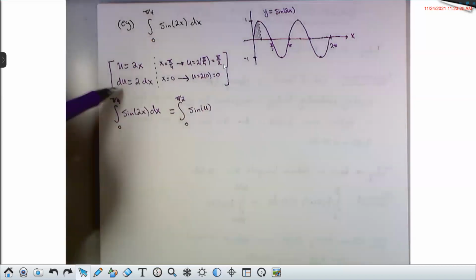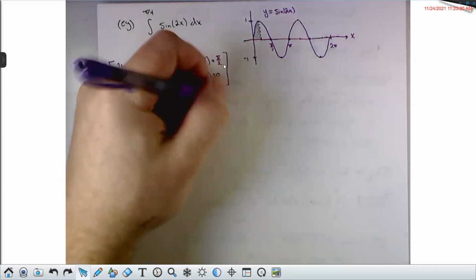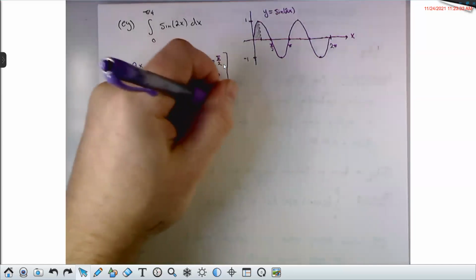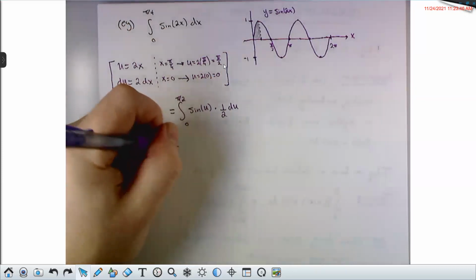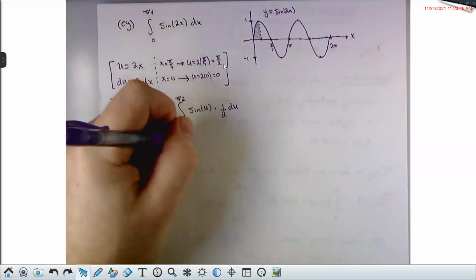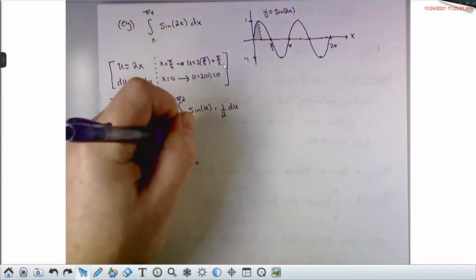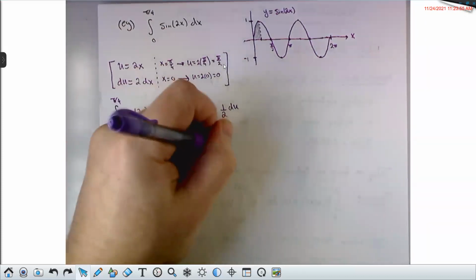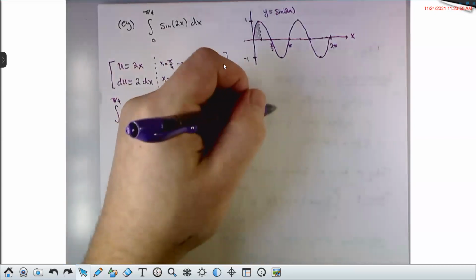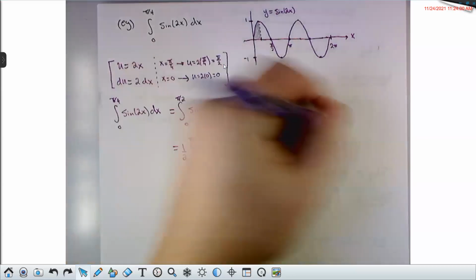And then since du is 2 dx, dx is 1/2 du. And let me pop out that 1/2. So I have 1/2 integral 0 to pi over 2 sine of u du. And I will draw the graph of sine u over here.